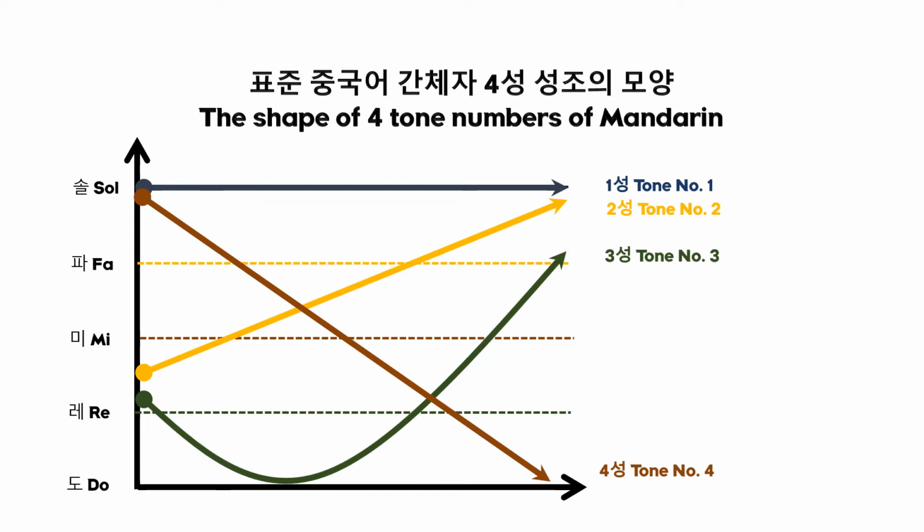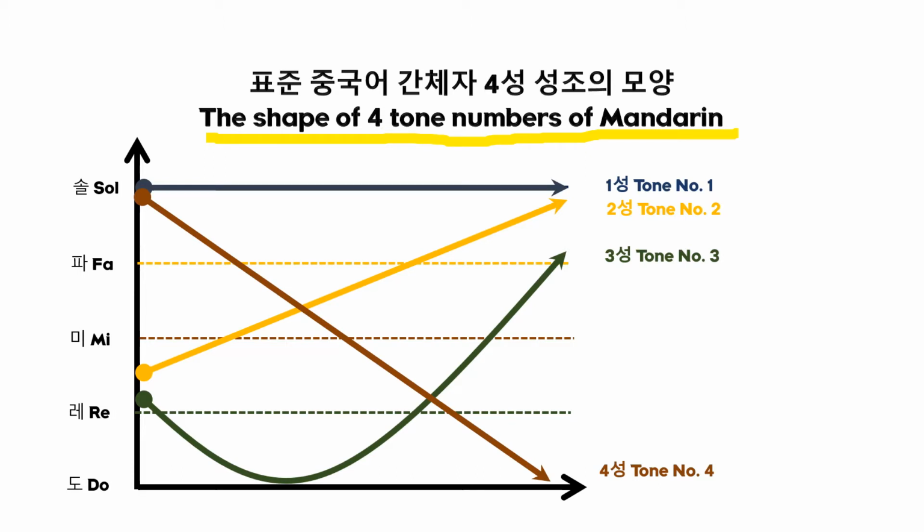If you have learned Chinese characters, Mandarin, you know there are 4 different types of tone numbers on each character. You may already know the shapes of the 4 tone numbers of Mandarin. I have addressed this with do, re, mi, fa, sol. There are 4 tone numbers in Mandarin Chinese.